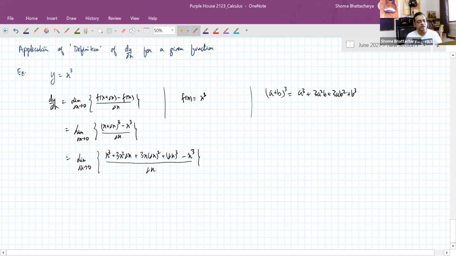Okay. So next step, we can cancel these two. So this and this gets cancelled out. And after cancelling these two, you can see we can also take delta x common in the numerator. So let's do that also. So let's take delta x common in the numerator. So we'll be left with 3x square plus 3x delta x.